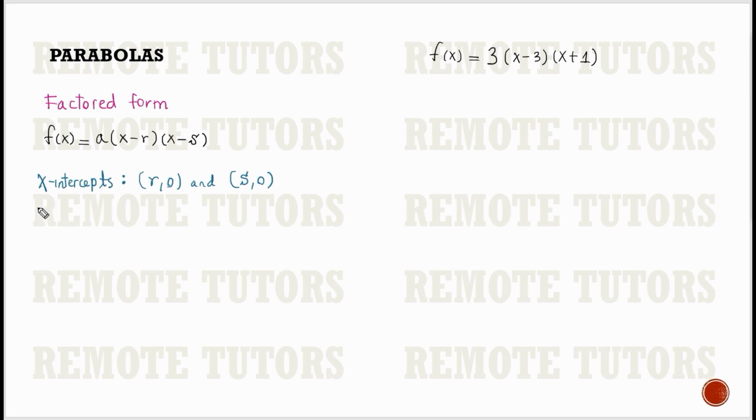Now, the vertex. The x-coordinate of the vertex is given by the average of the x-intercepts. And you just plug in this value in the formula in order to calculate the y-vertex.